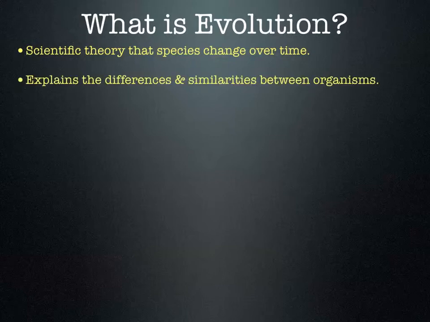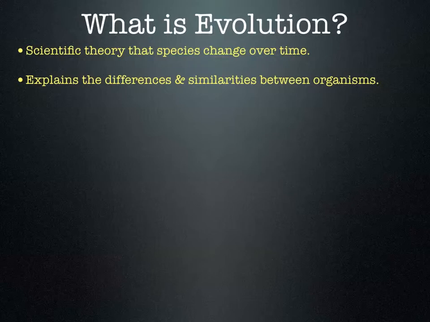And evolution and natural selection can be used to describe and to explain why we have such a wide variety of species in the world today. There are millions and millions of different types of living things on the earth.